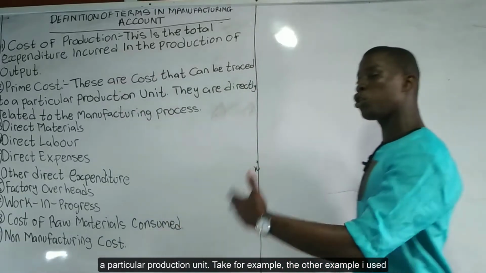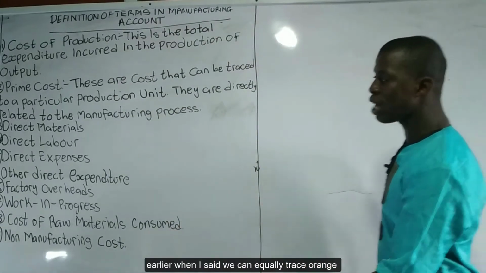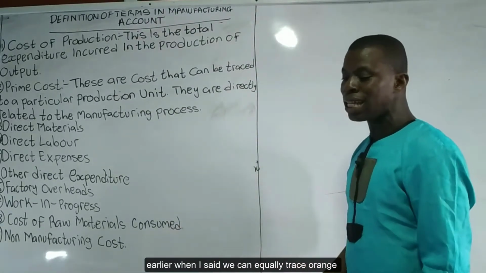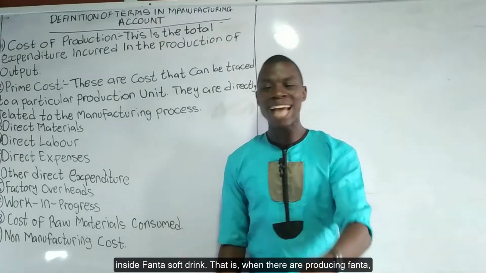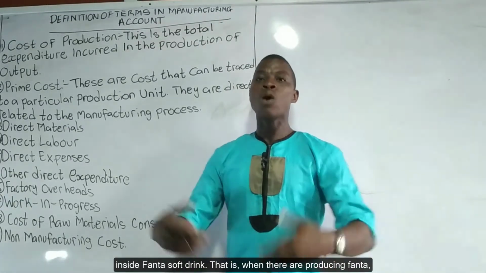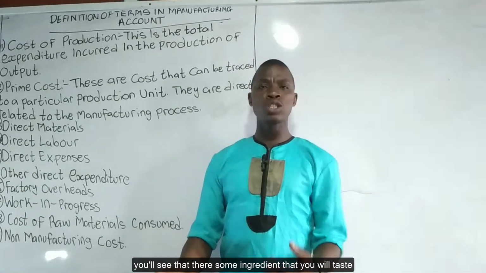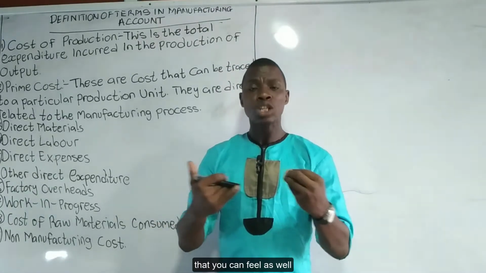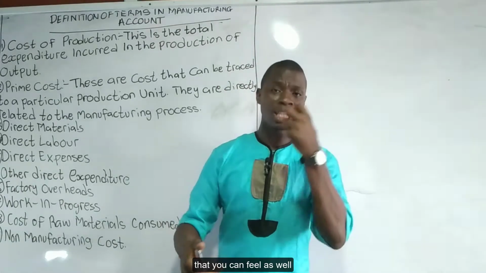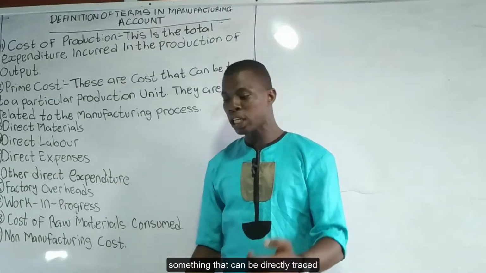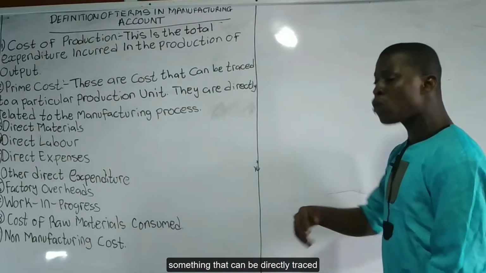Take for example, the other example I used the other time, we can trace that there is orange inside Fanta. When you are drinking it, you can feel that there is orange. You can taste it inside when you are drinking it. That is something that can be directly traced.